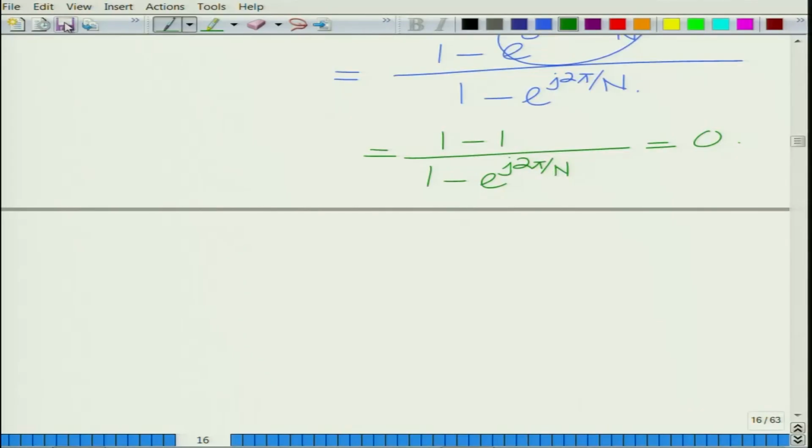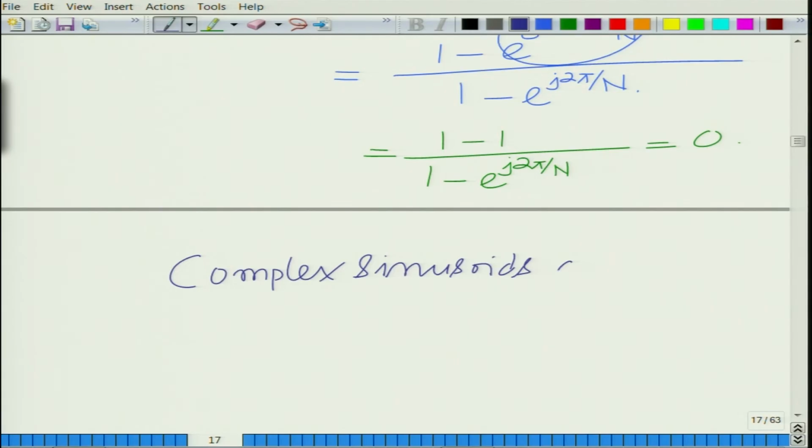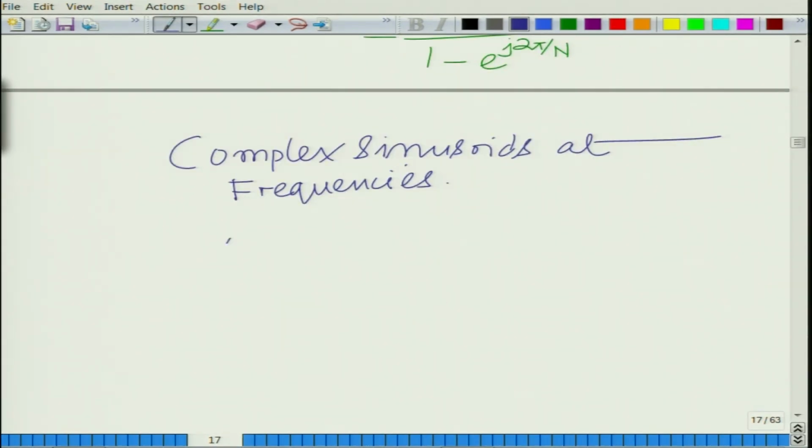So, we have the interesting property: complex sinusoids at the frequencies 0, 1 over n, and so on, all right.